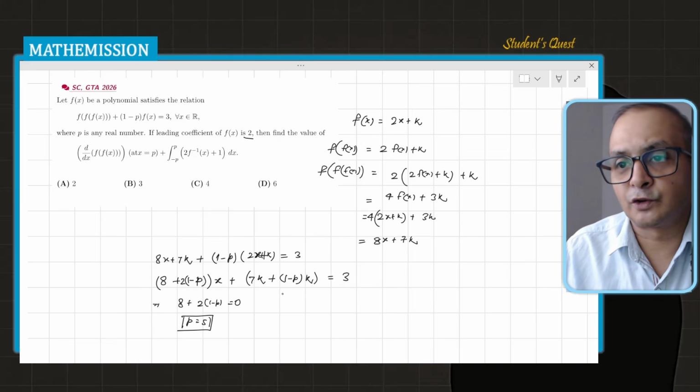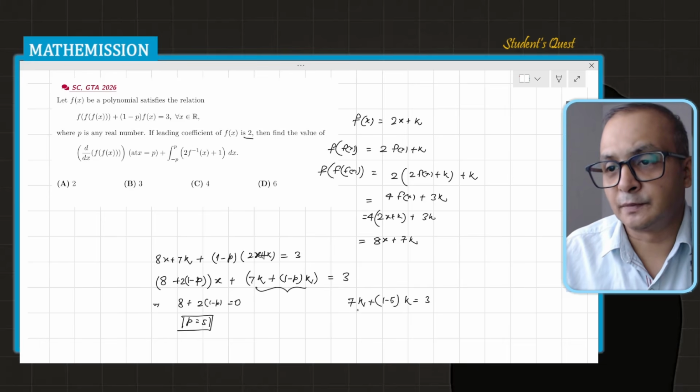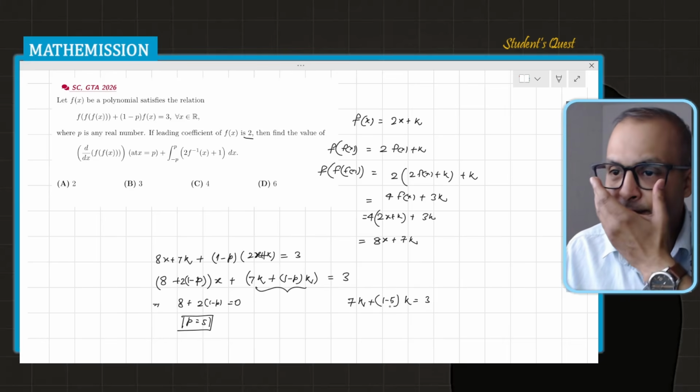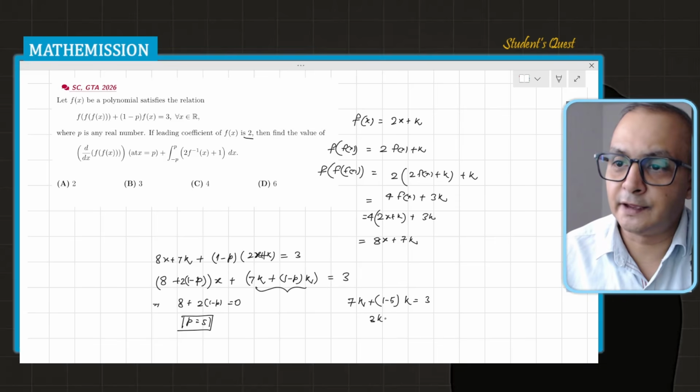If p is 5, I can compare the constant with 3. So 7k plus (1 minus 5)k is equal to 3. This becomes 7k minus 4k, so 3k is equal to 3. So k is equal to 1.